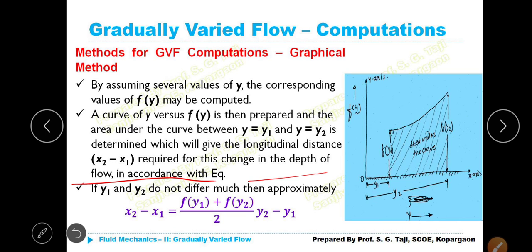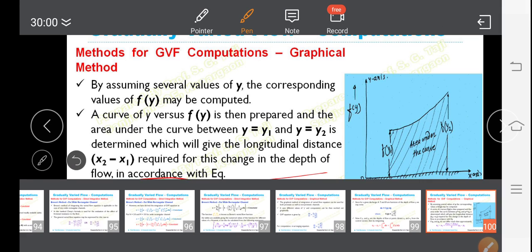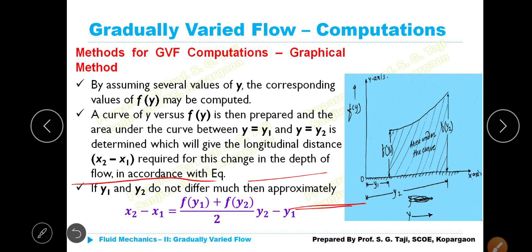If y1 and y2 do not differ much, then approximately x2 minus x1 is equal to (f of y1 plus f of y2) divided by 2 multiplied by (y2 minus y1). You look at the figure also, everything is clearly written.